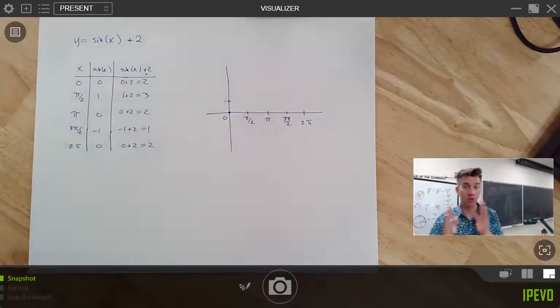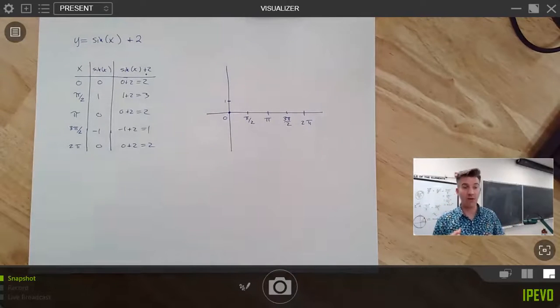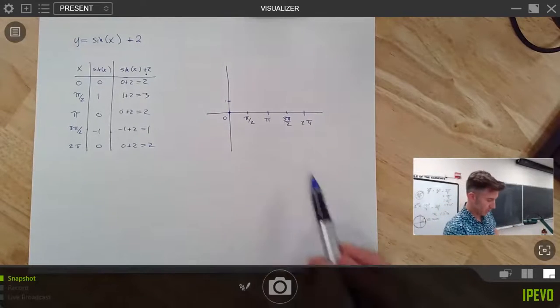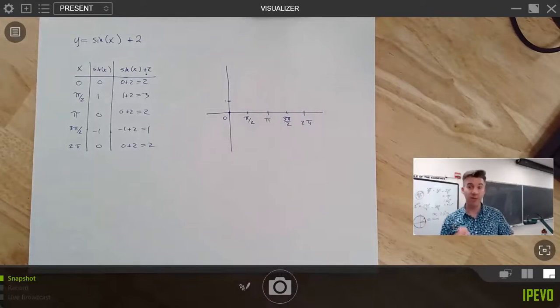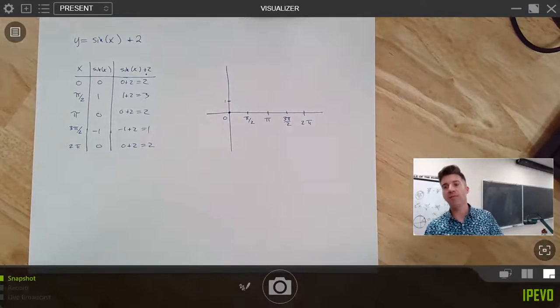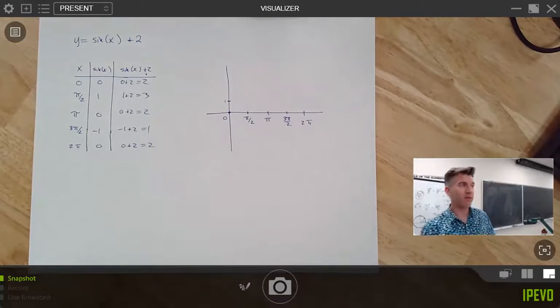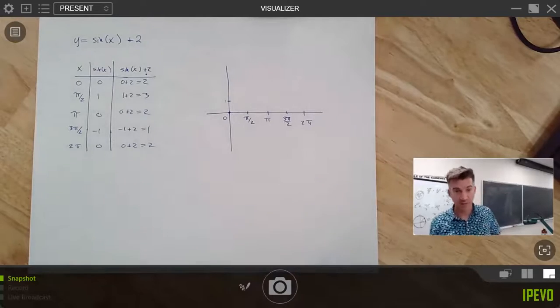But when we do a horizontal stretch or a horizontal shift, that will change the period, which will change these quadrantal angles. So yes, we will be using different x values, and sometimes we might go beyond 2 pi, but we'll never go beyond the whole period. Sometimes the whole period will go beyond the length of 2 pi, is what I'm trying to say.